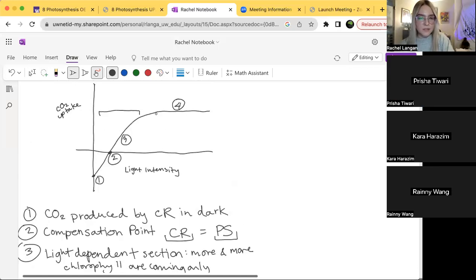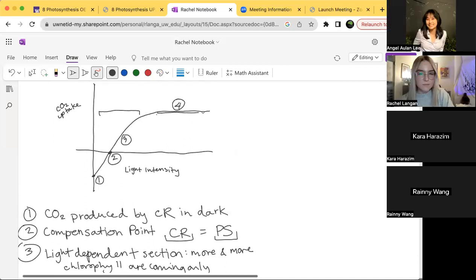So the point at which photosynthesis becomes maximal is controlled by things to do with Calvin cycle enzymes or the amount of CO2 around.